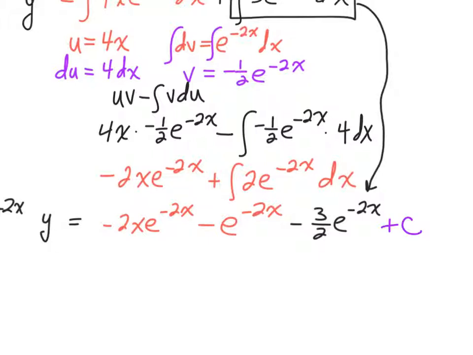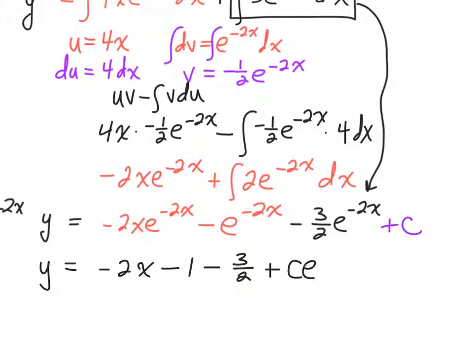All right, so y would be equal to negative 2x minus 1 minus 3/2, which we can consolidate in a second, plus, well, if I'm dividing c by e to the negative 2x, that's the same as multiplying it by e to the 2x.